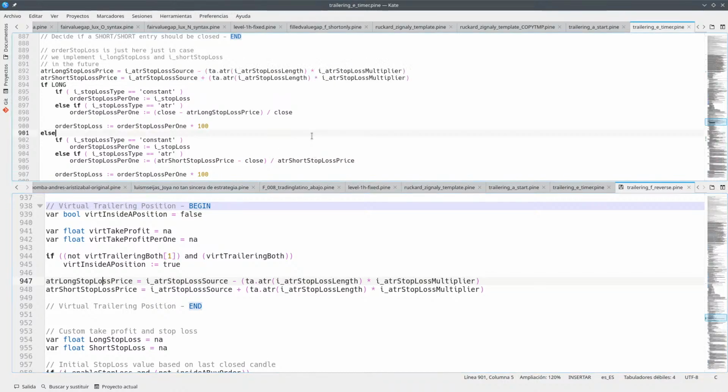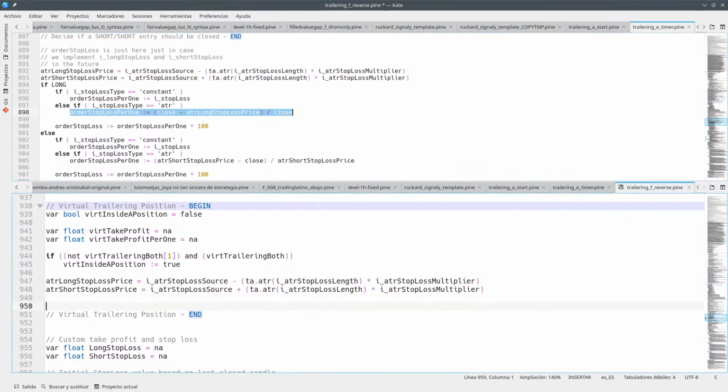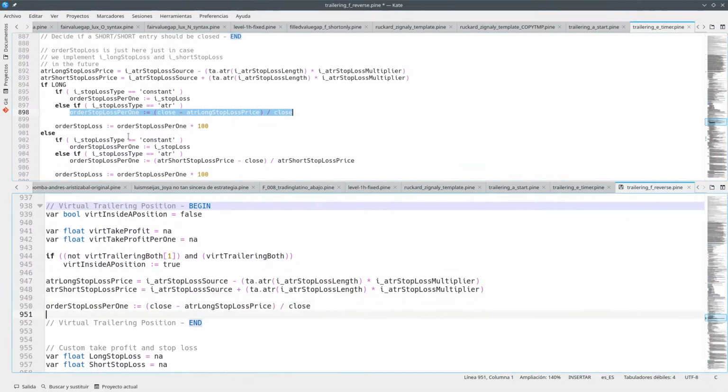Then we have this too, which is this one and this one.